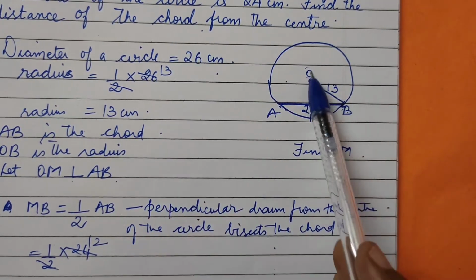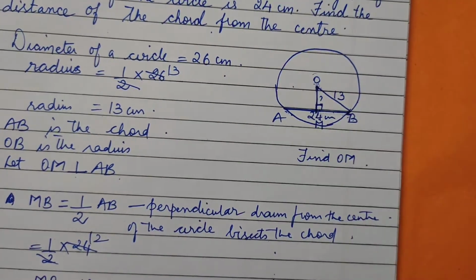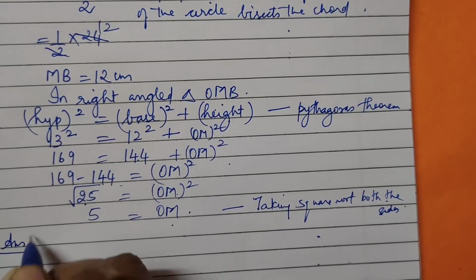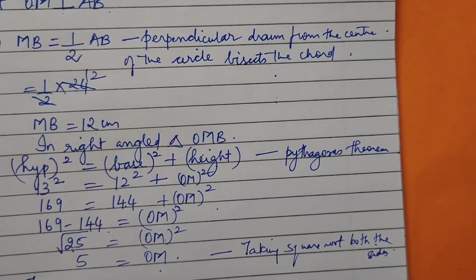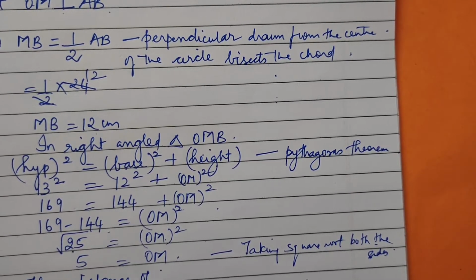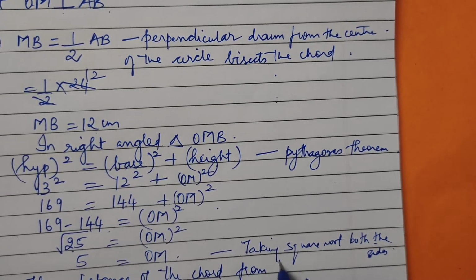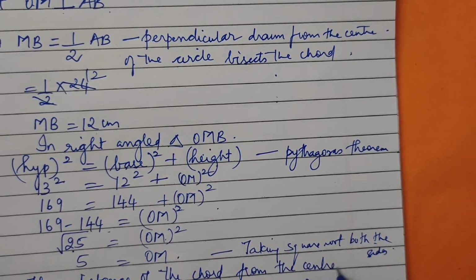Remember, this distance from the center is what we have to find out. So finally we write the answer: the distance of the chord from the center is 5 centimeter. Is it or not? Yes.